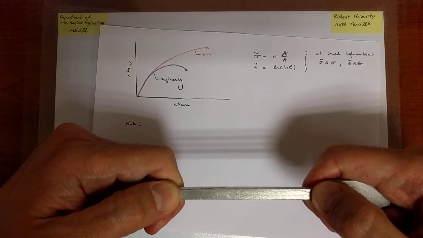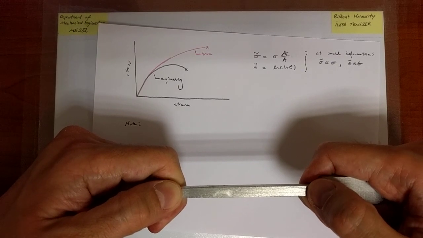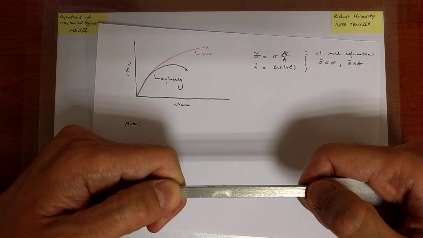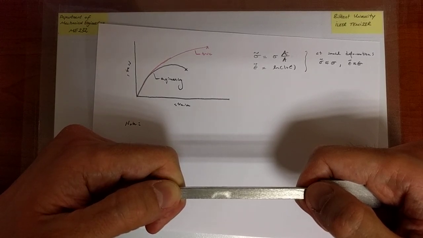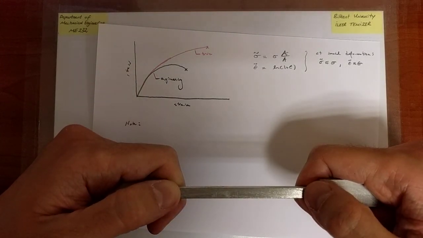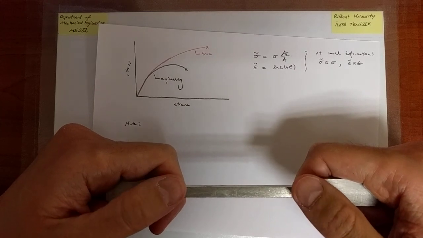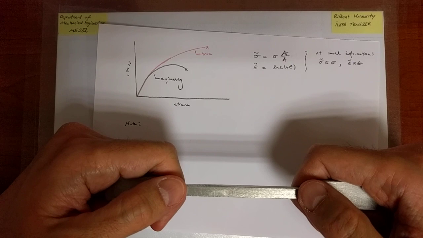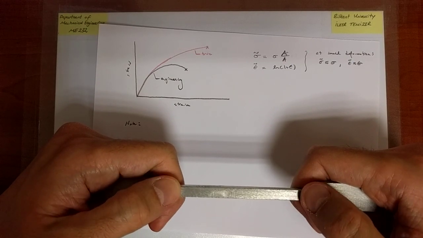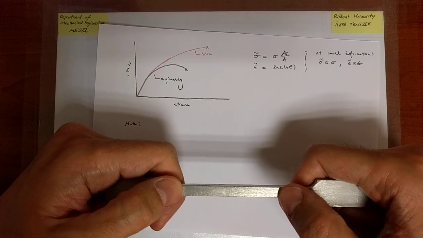Okay, I'm loading it. Deformations are elastic. The question is, is there a change in the volume of the specimen? Okay, so let me pause for a few seconds and you think about it. Well, I don't have to pause because you can, of course, do that yourself. Well, now the answer is yes.